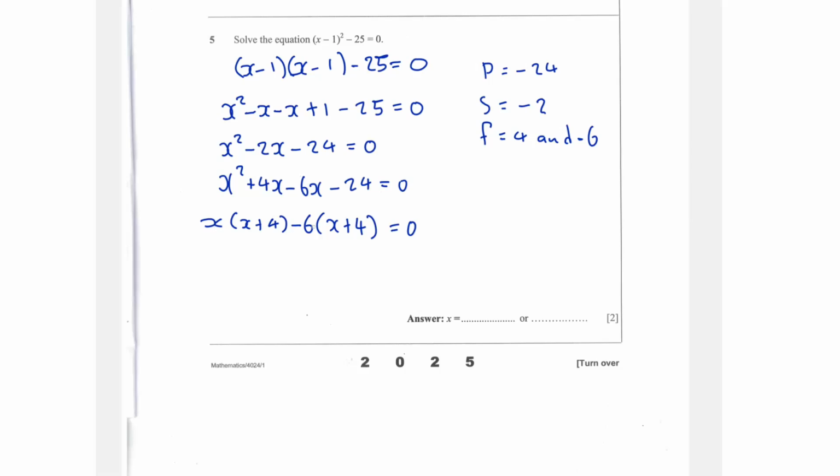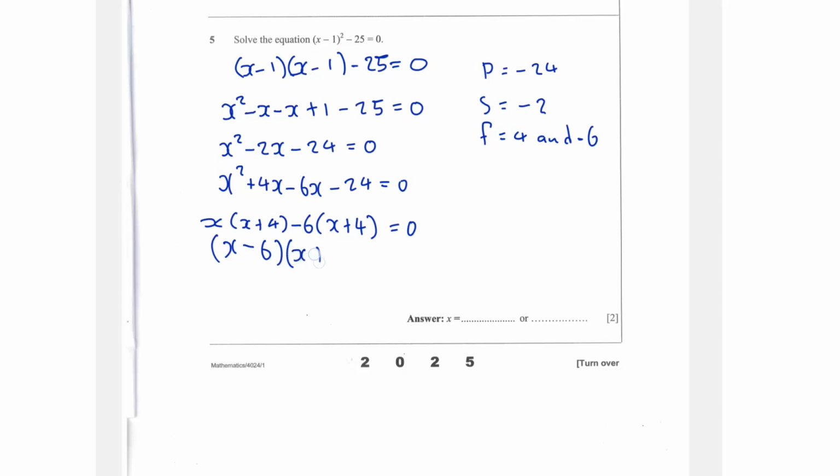Now, the x and the negative 6, we can put them into the same brackets. We can write (x minus 6). And then the x plus 4, we can also put them into one bracket.